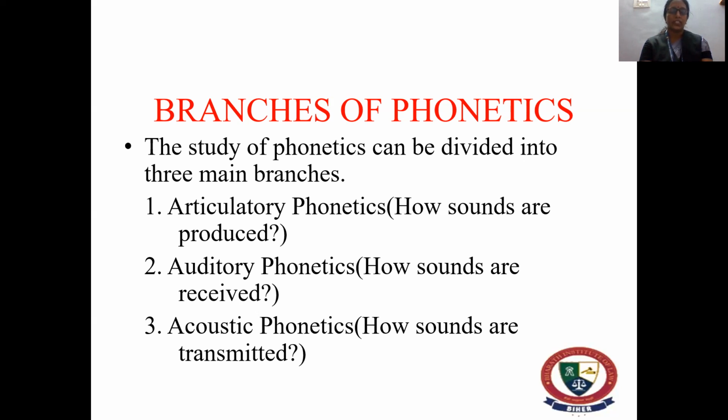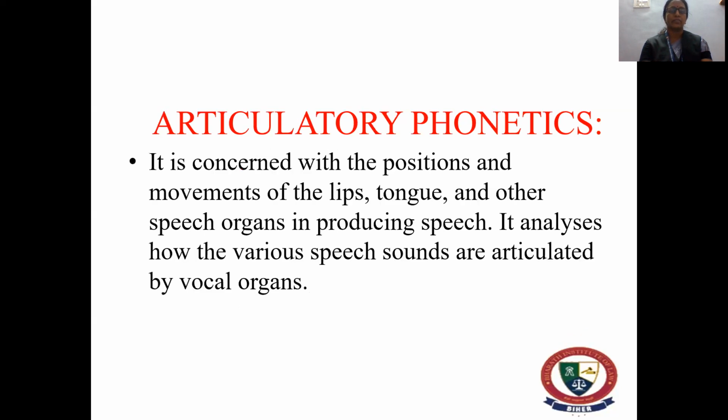So production, transmission, and receiving. The right way of producing and the right way of transmitting allow the right way of receiving words, sounds, and information. So these are the three branches of phonetics: articulatory phonetics, auditory phonetics, and finally acoustic phonetics.